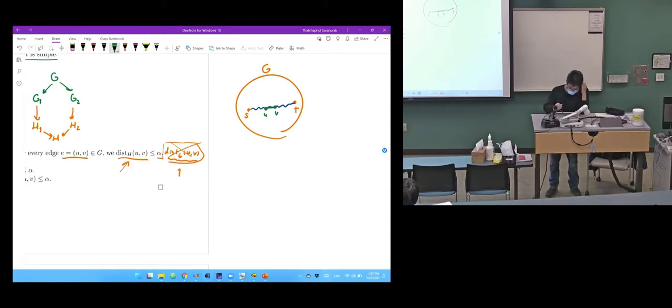If I know that for every edge in G there exists some path in H of length at most alpha, then I can do this for every edge.